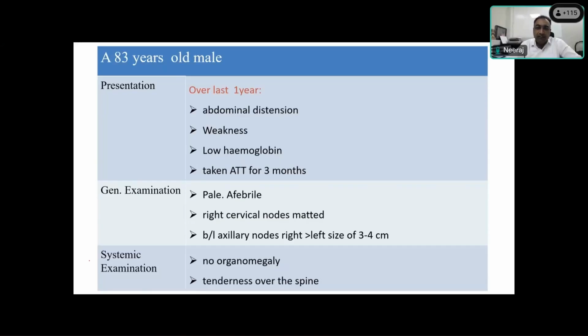On examination, he was afebrile. There were right cervical nodes which were matted, and bilateral axillary nodes of 3 to 4 centimeters. There was no organomegaly and there was tenderness over the spine. Next slide, Prashant.